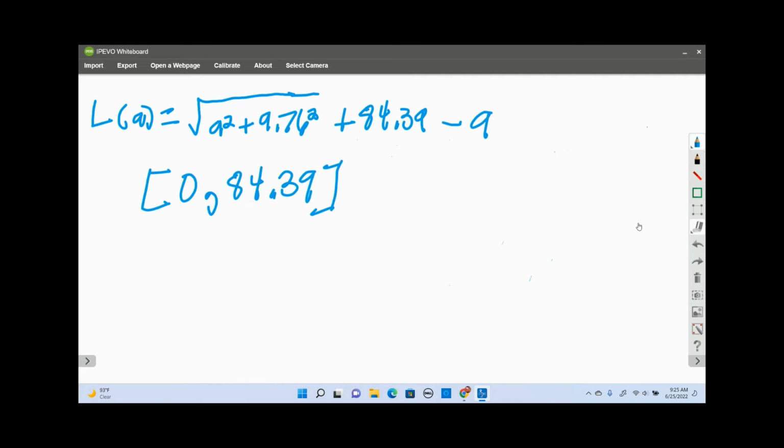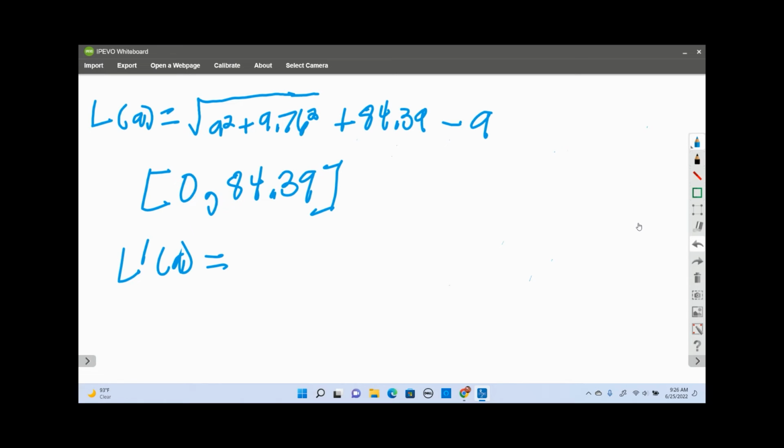All right, so let's take the derivative of L. So this will be L prime of A. The square root part is going to require a little chain rule. So the first thing we'll do is take the derivative of the inside part, that would be 2A. And then we'll take the derivative of the square root, which is 1 over 2 times the square root.